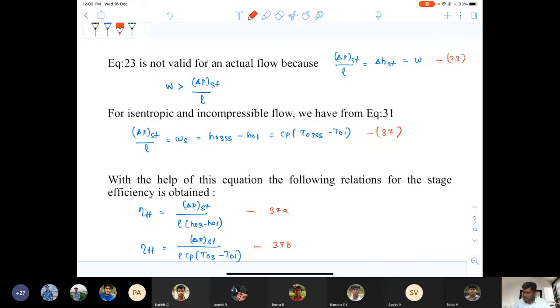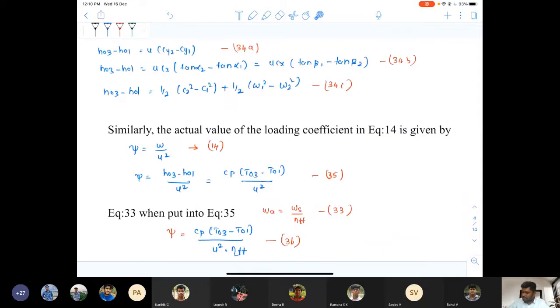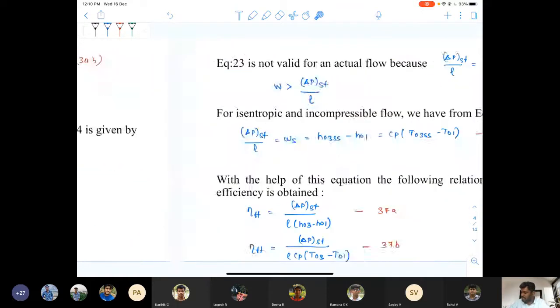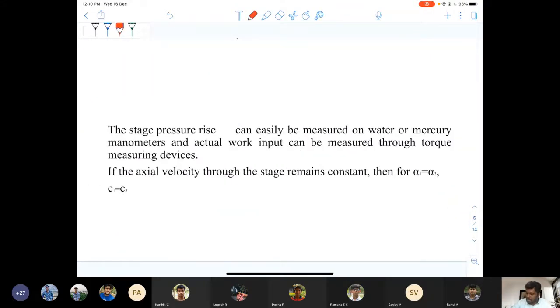And again, this can be written as H03 minus H01 is equal to U into Cy2 minus Cy1. You can use this equation, that is 34A, and write eta TT is equal to delta P at the stage divided by rho U into Cy2 minus Cy1.